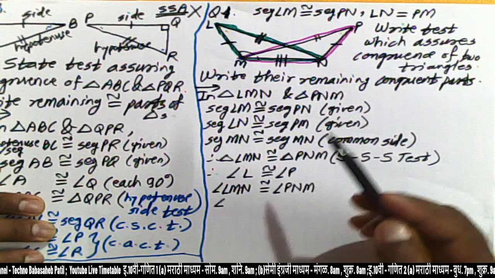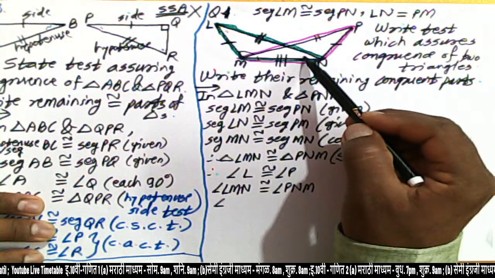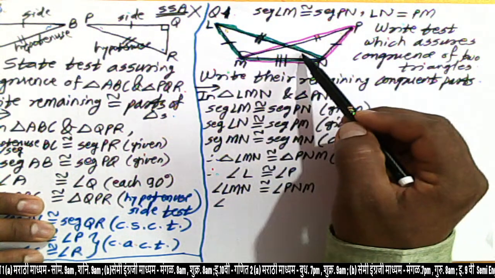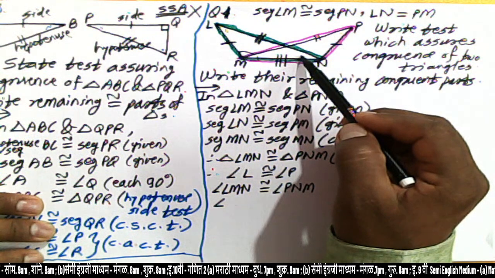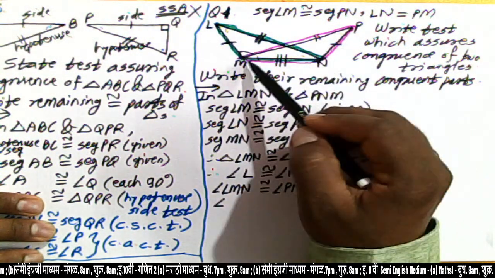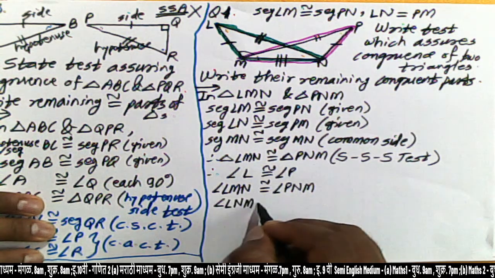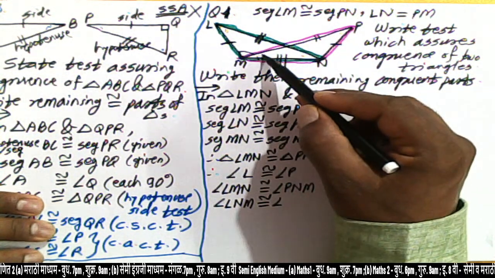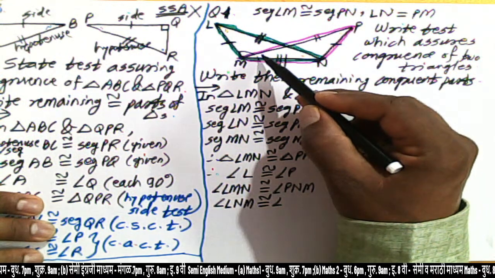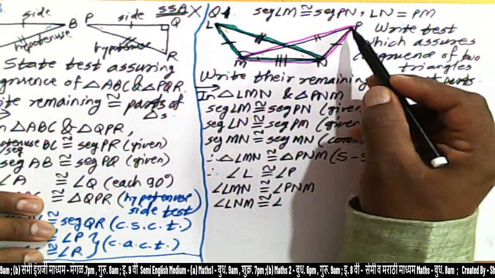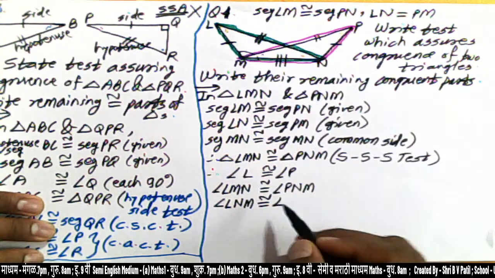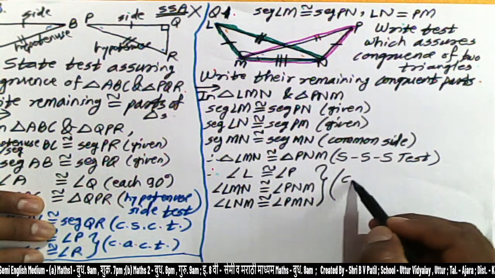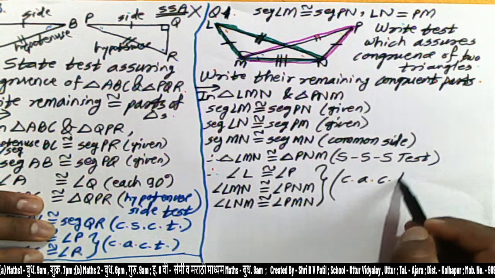Then another pair, angle LNM of the green triangle, congruent to the angle of the pink triangle, that is angle PMN, and the reason is corresponding angles of congruent triangles.